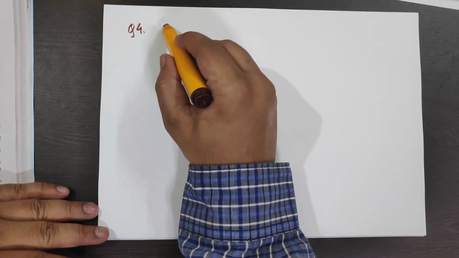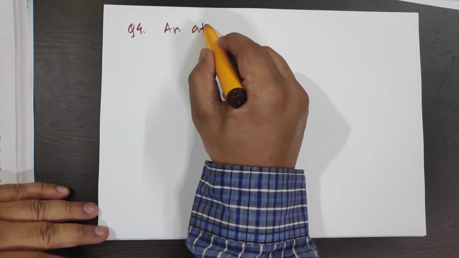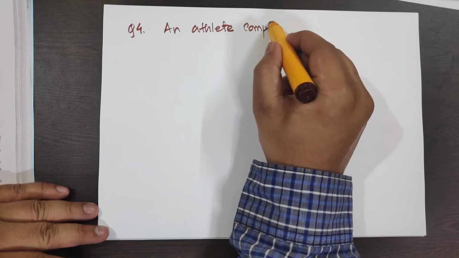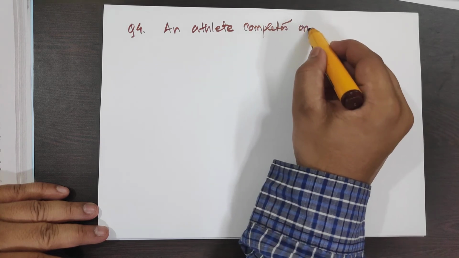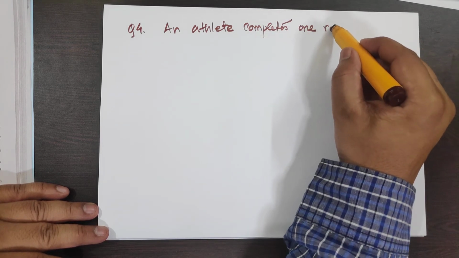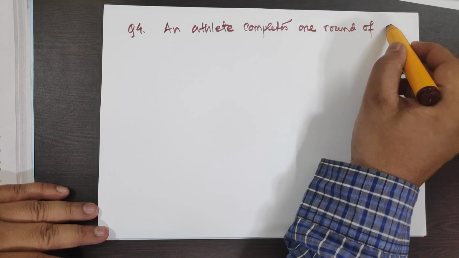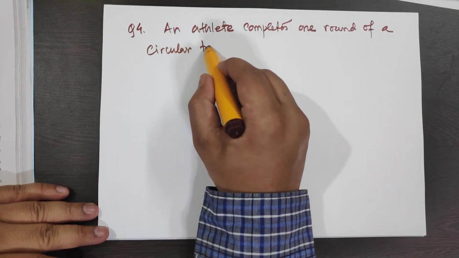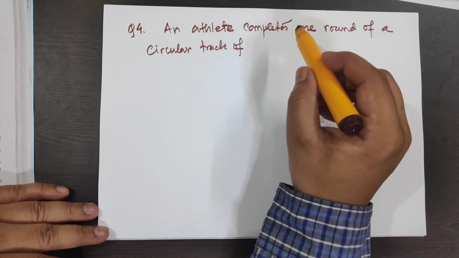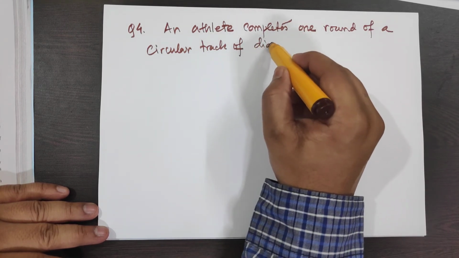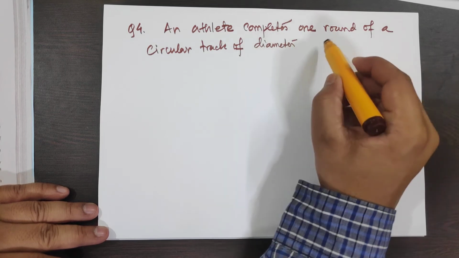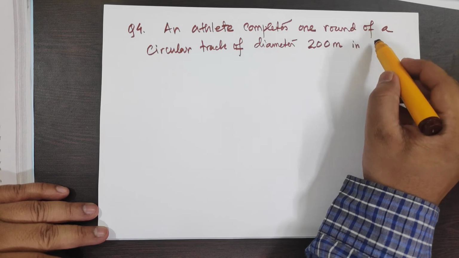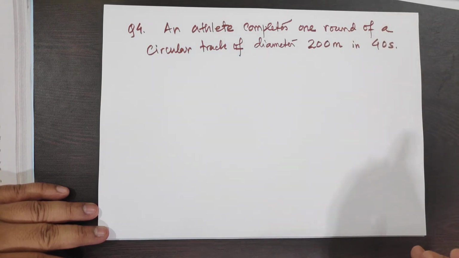An athlete completes one round of a circular track of diameter 200 meter in 40 seconds.